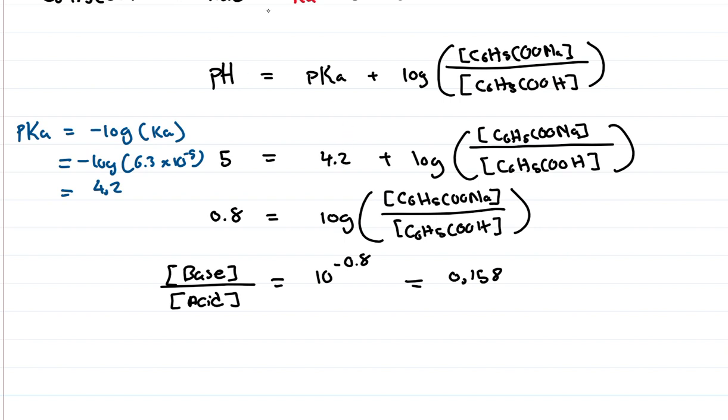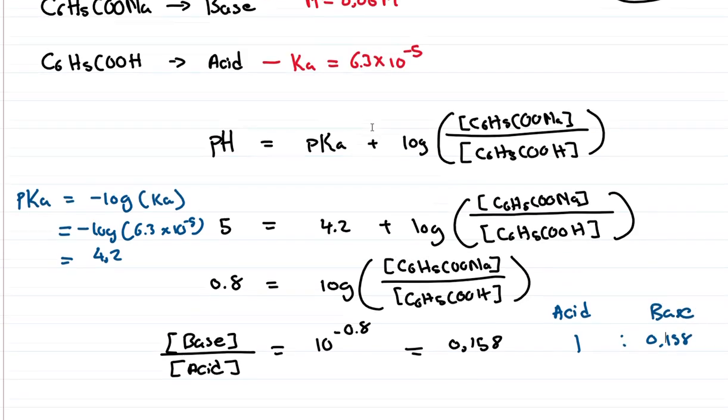So this ratio basically means that for every 1 mole of the acid we have 0.158 mole of the base. So this is the acid and we have the base.